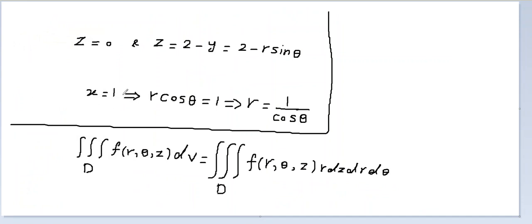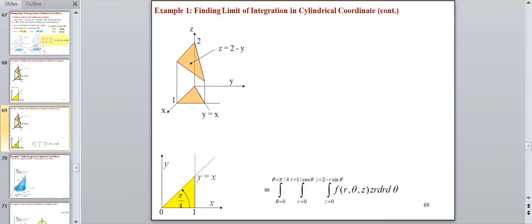Now you have to get the cylindrical or polar equation of this vertical line. So x is r cosine theta equals 1, so r equals 1 over cosine theta. So r is from 0 to this line, but what is the polar equation of this line? 1 over cosine theta. So you can see everything must be converted to cylindrical or polar.